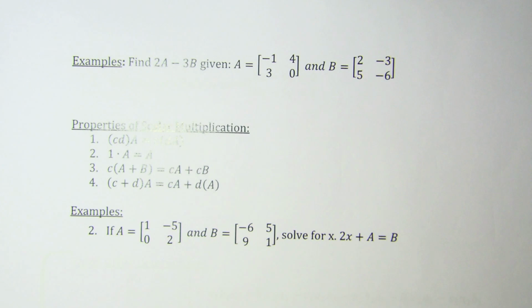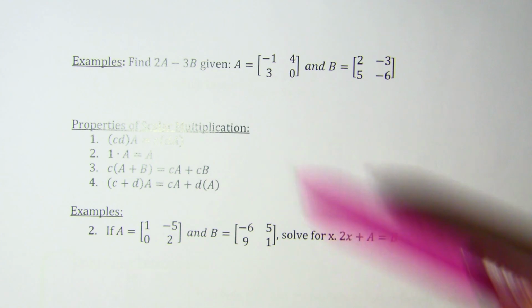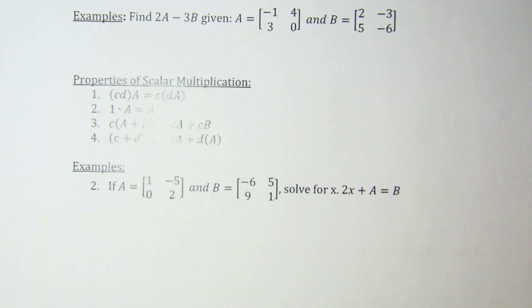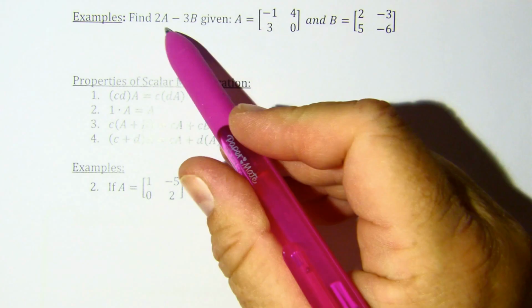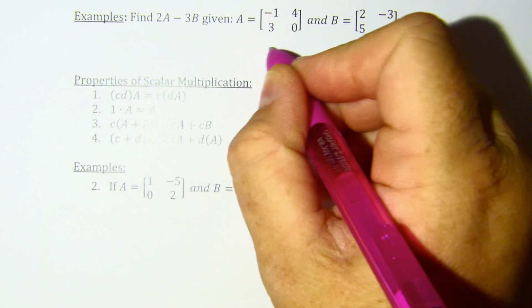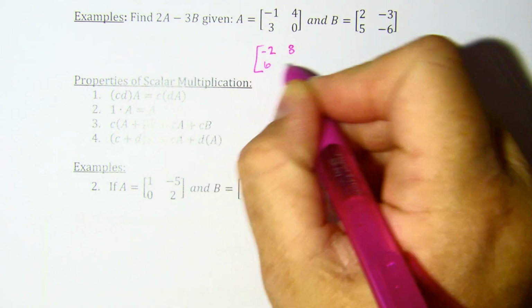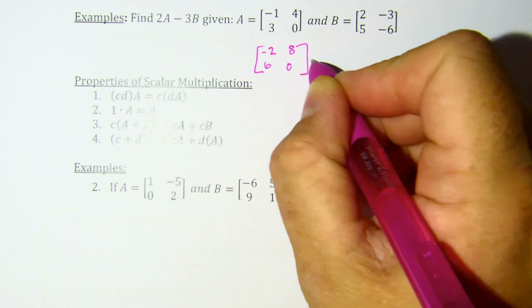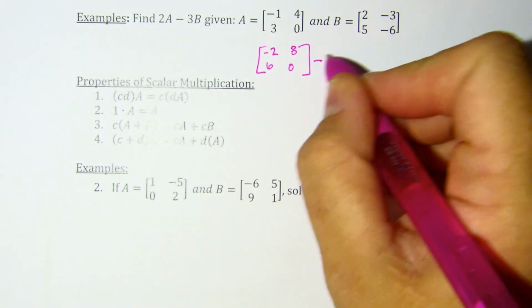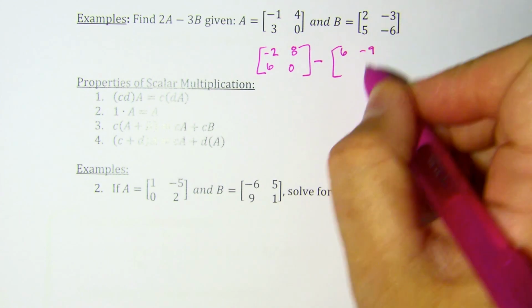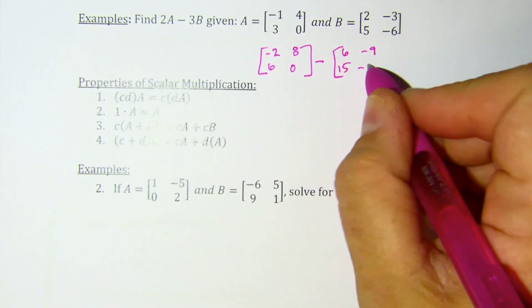And we have an example here where it says find 2A minus 3B given that matrix A is this right here and matrix B is this right here. So the first thing I'm going to do is multiply matrix A by 2. So multiplying this matrix by 2, I get -2, 8, 6, and 0, minus multiplying matrix B by 3, I get 6, -9, 15, and -18.